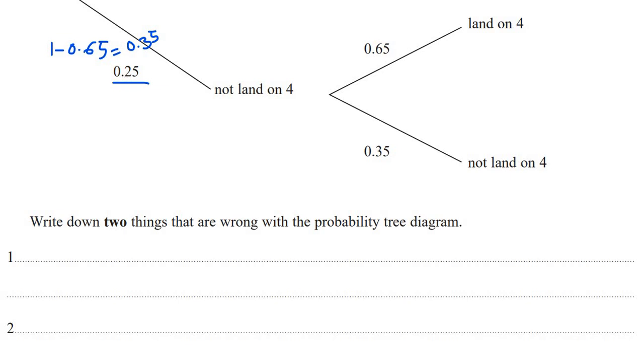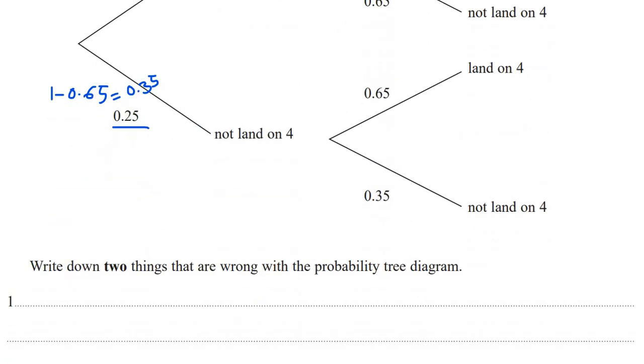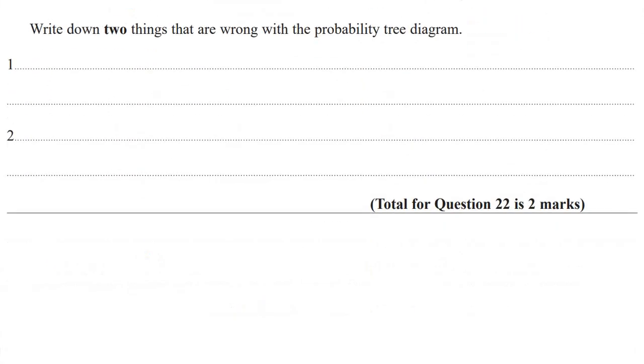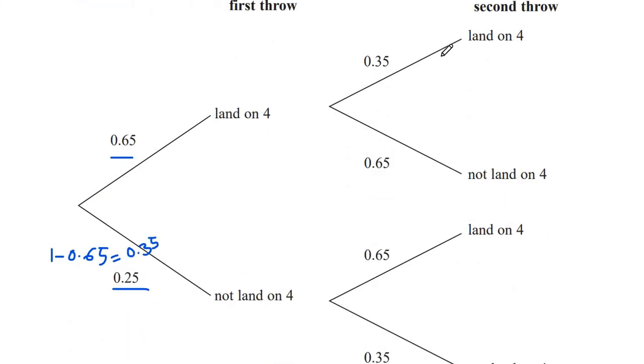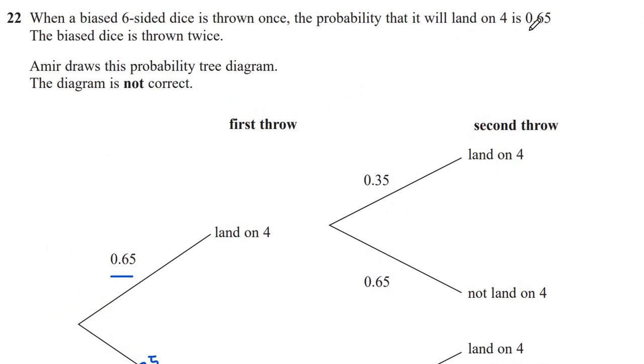Now let's move on to the second throw. Well, the second throw, to land on 4, I think the probability was 0.65 to land on 4 according to the question. So this is also another mistake.